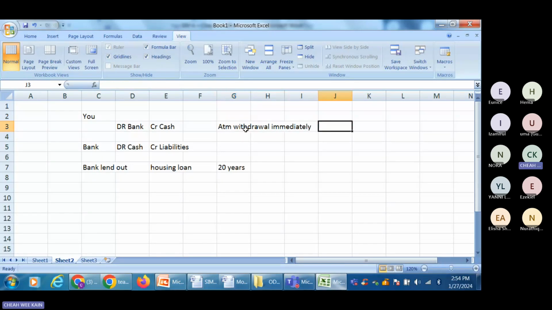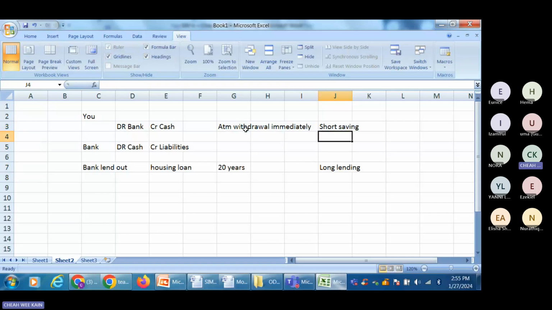We call this short. Why short? You lend money to the bank, short. Now the bank will lend it out for 20 years. That's long. So what we have is long lending and short saving.